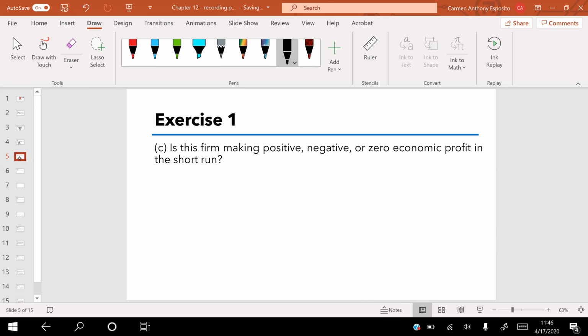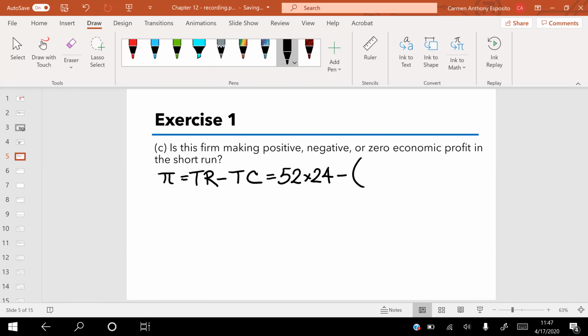Is this firm making positive, negative, or zero economic profit? Well, to get our profit, we're going to get our total revenue and subtract off our total cost, which is equal to 52 times 24, subtract off 36 plus 4 times 24 plus 24 squared.